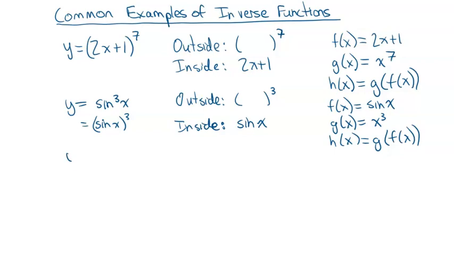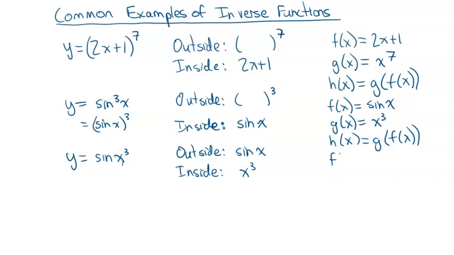All right, what about another one? How about this one? y equals sine of x cubed. Notice the cubed is in a different space here. The outside of this function is actually sine of x. And the inside of this function is actually the x cubed. That is, it's operating on the x cubed.